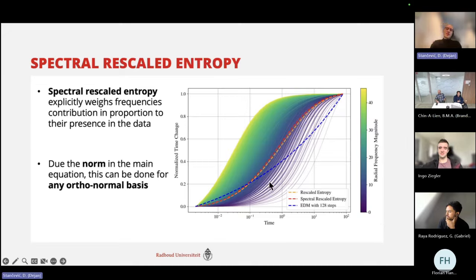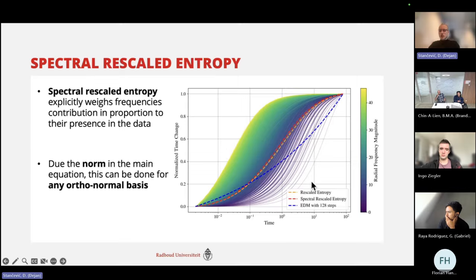Yeah, but I mean, we can see the rescaling changes it a bit, but not a lot. But it turns out that this bit is quite a lot. On this plot here, you can see the difference between the EDM sampling schedule and the spectral rescaled entropy, and also how different radial frequencies differ.